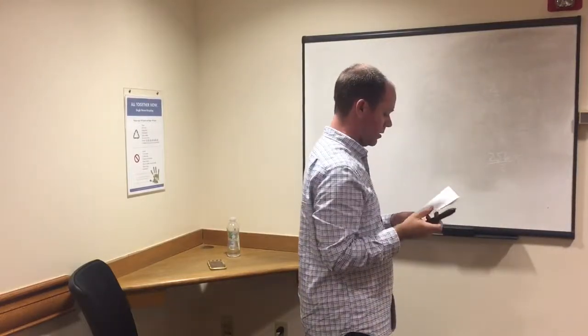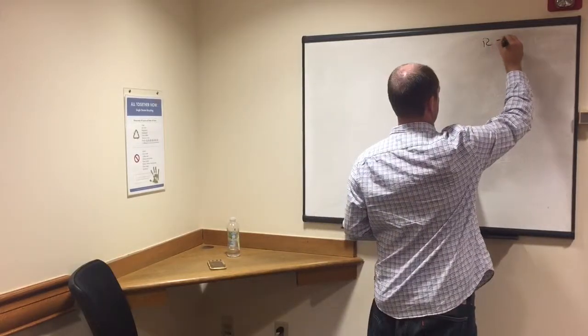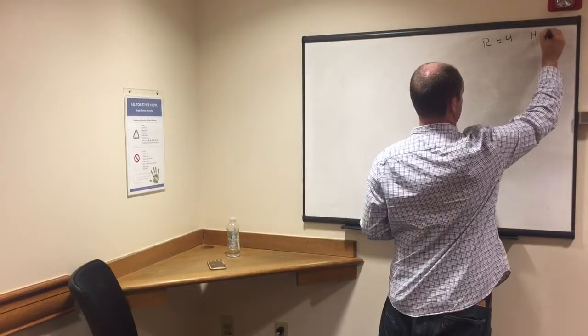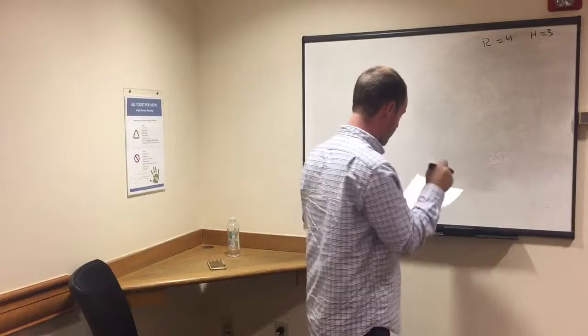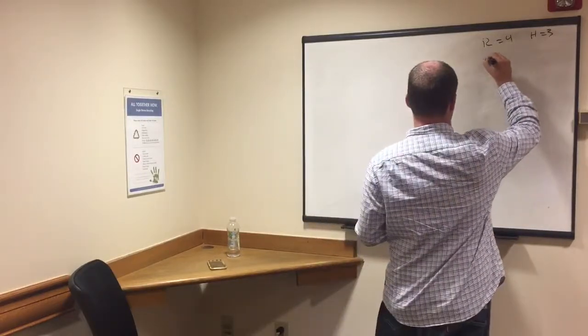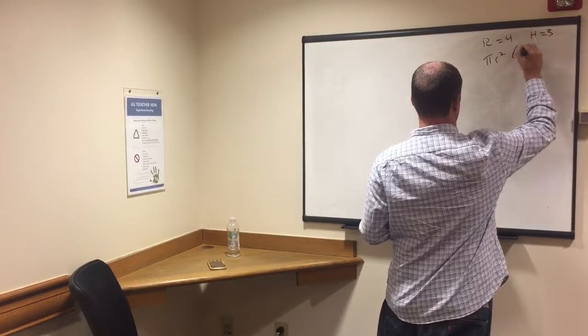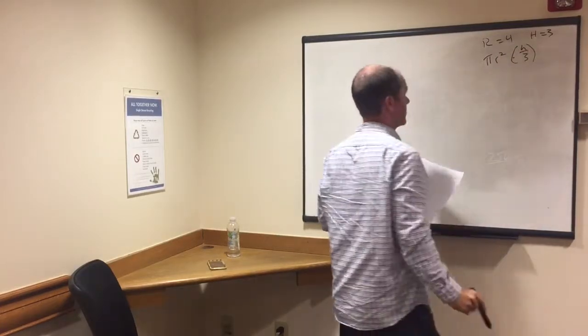First two down, volume of a cone. Okay, we're going to say radius is 4, height 3. Okay, volume of a cone is pi r squared times height over 3.